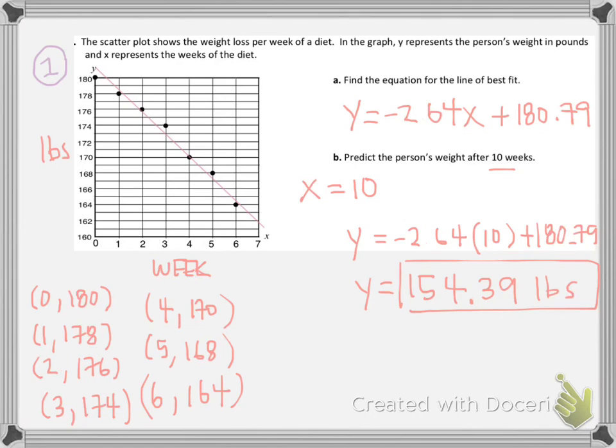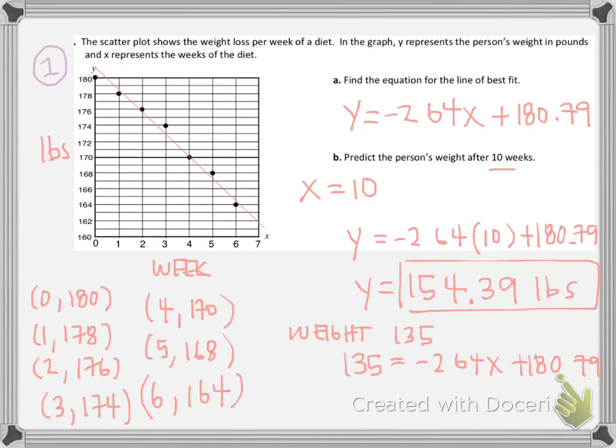Okay, what if I wanted to know at what week my weight will be 135? So that means I would go opposite, right? I would have 135 is equal to negative 2.64 times x plus 180.79. So you're going to subtract that.